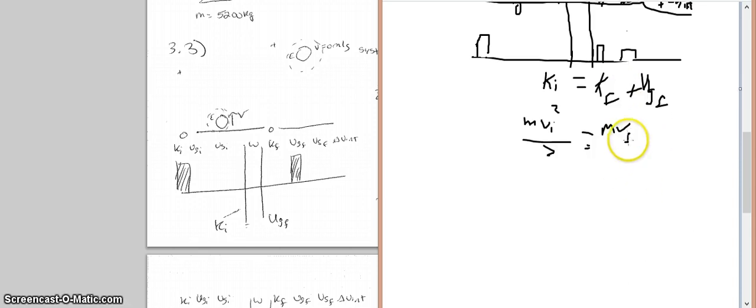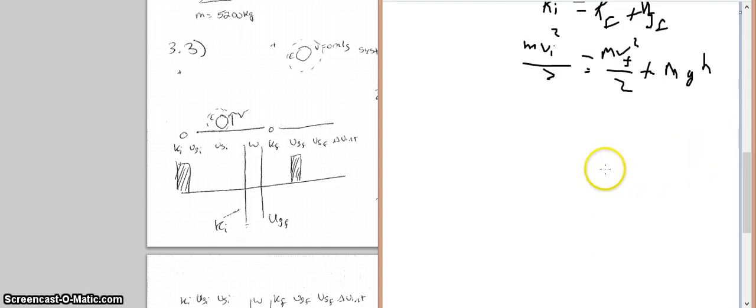Since we can divide m on both sides, that'll just leave initial velocity squared over 2 equal to final velocity squared over 2 plus gh. I shouldn't write all that. So we can take out m by dividing m on both sides.